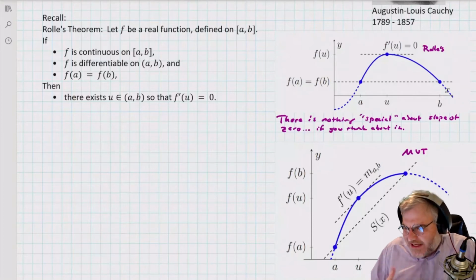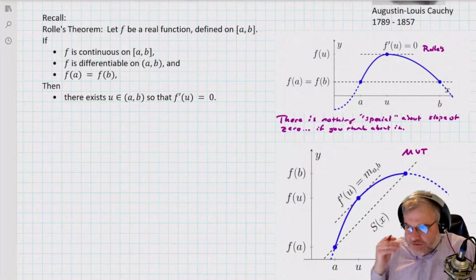Well, let's dig into this a little bit more. I've got an S of X here, and I've got an M of AB. Let's put some definitions on here.